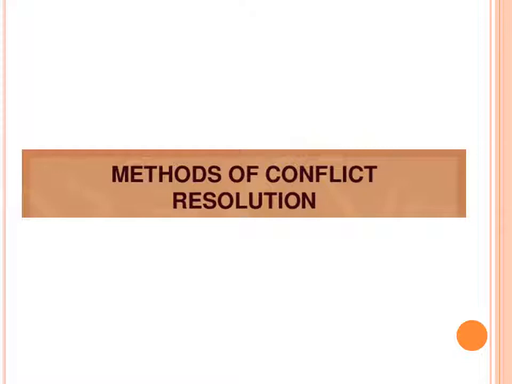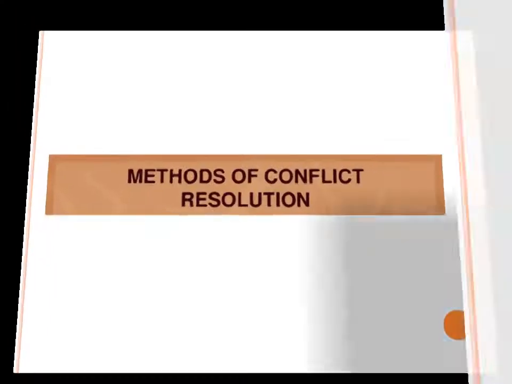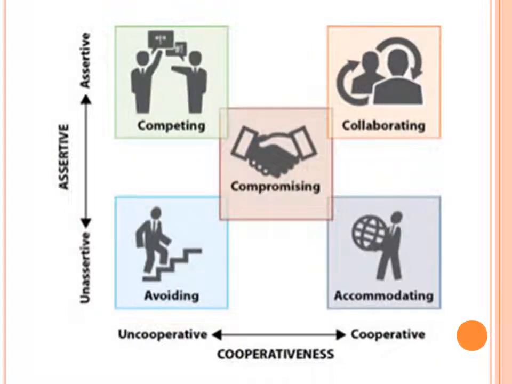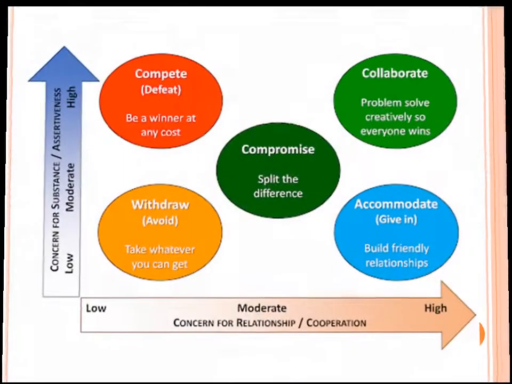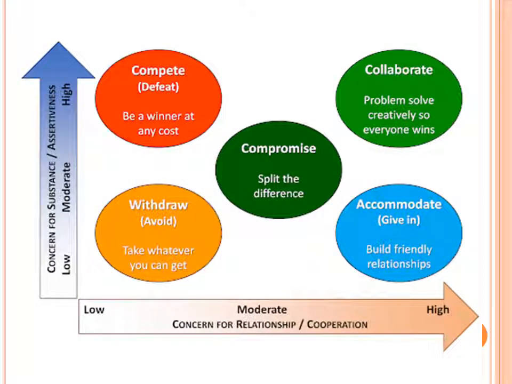Now, let's move to the methods of conflict resolution. Most of the available literature on conflict resolution speaks about 5 methods. They are avoiding, competing, collaborating, accommodating, and compromising. Avoiding simply means withdrawing from the conflict.